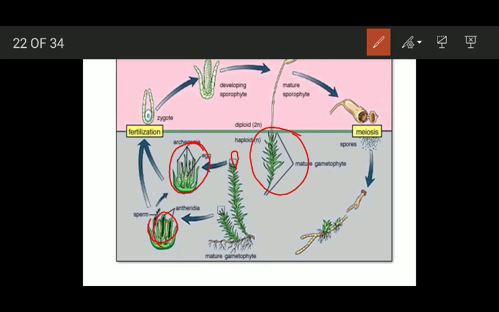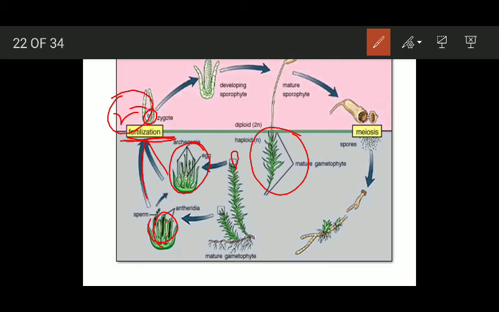These antherozoids and eggs fuse, resulting in the formation of zygote, which is diploid. So up to the formation of the gametes, the gametes represent the last stage of the gametophytic phase. Once they fuse, the gametophytic phase ends.